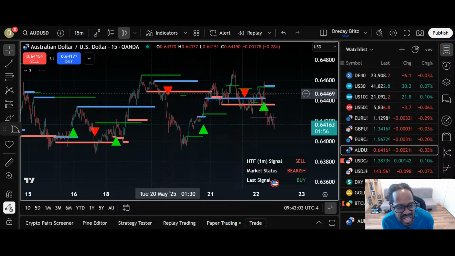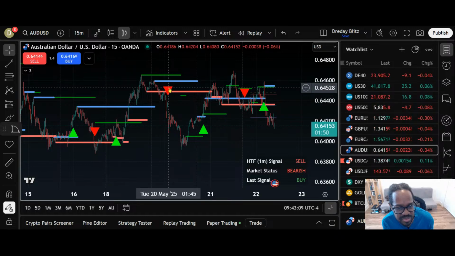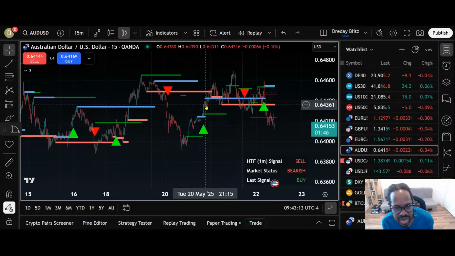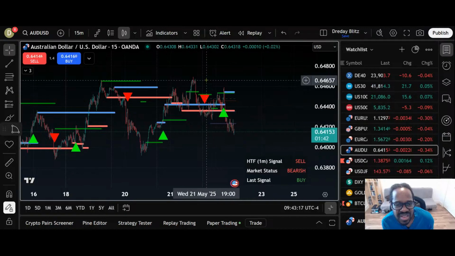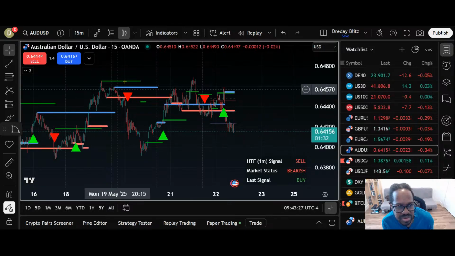Then you had a sell at pre-London, end of Asian session. Then another buy here at Asian. And you have a sell here at Asian session. You had a buy at London here. But overall, you will be in a green here with the AUDUSD.